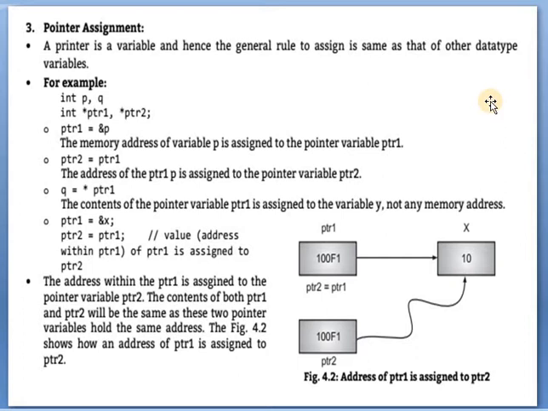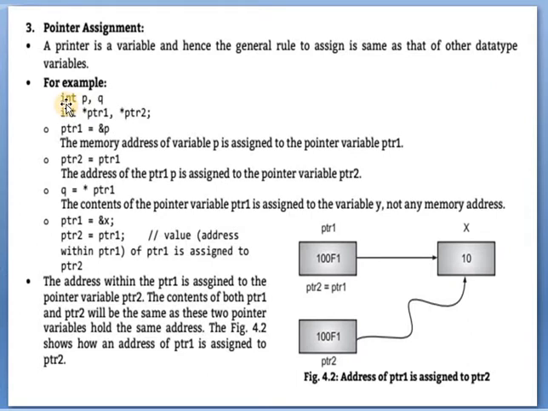In the first unit we have seen how to assign a value to a variable. Same like that, in the pointer variable also we have to assign the value. We can assign the value to the pointer after declaration of the pointer. For that purpose we will see one example.